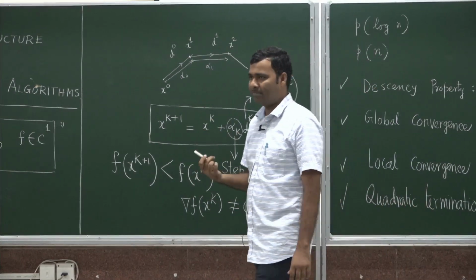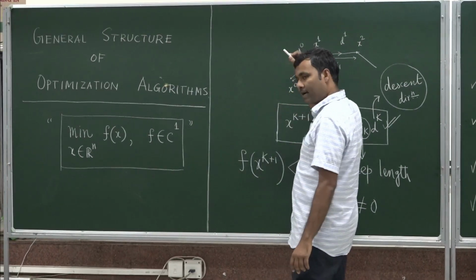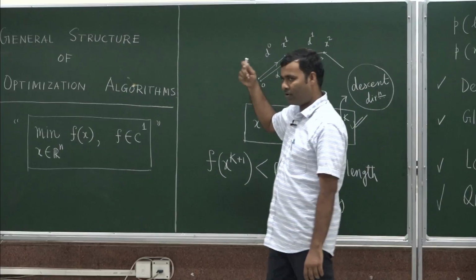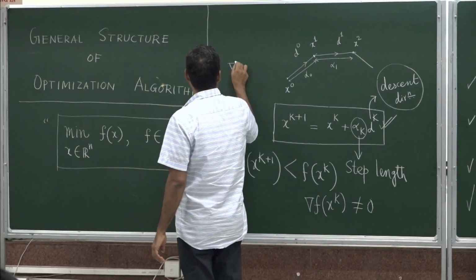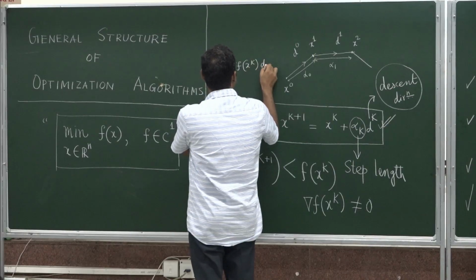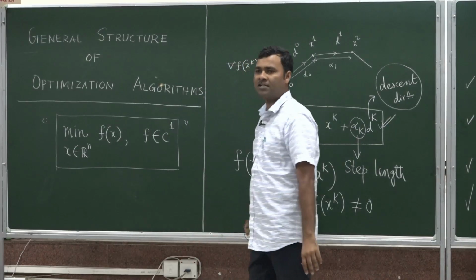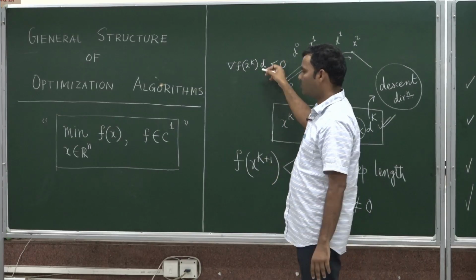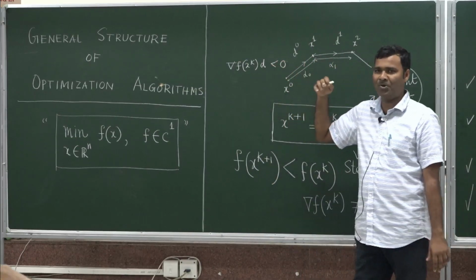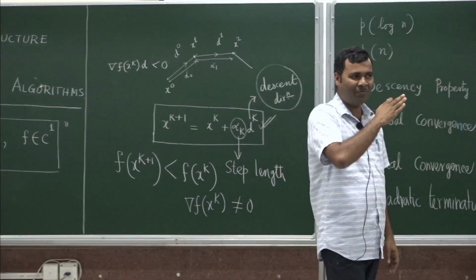You will quickly say the negative gradient, but not only one. You have a complete half space, that means the set of all d's satisfying gradient of f at xk transpose d less than 0. All such d's are descent directions. So you don't have just one, you have one complete half space.